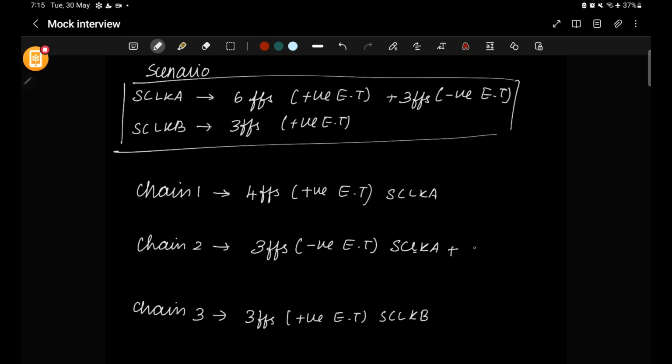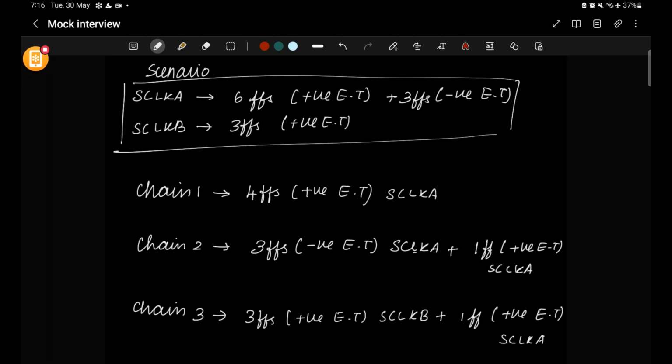Total 6 flops are there. So it will keep 1 flop, positive edge triggered of scan clock A. It will divide it. And then 1 flop, positive edge triggered of scan clock A. So this is how the tool will place.